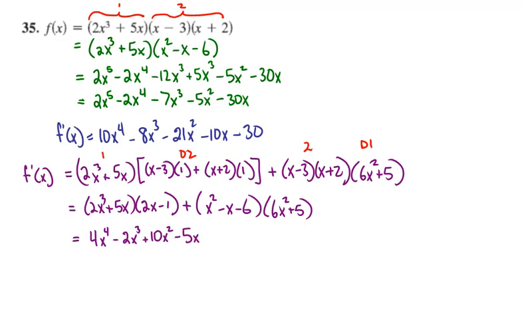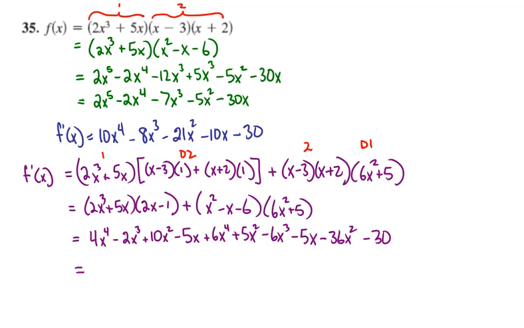Multiplying out the second group, we have 6x to the 4th. x squared times 5 is 5x squared. Then negative x times 6x squared is negative 6x cubed. Then minus 5x. Then negative 36x squared. And minus 30.